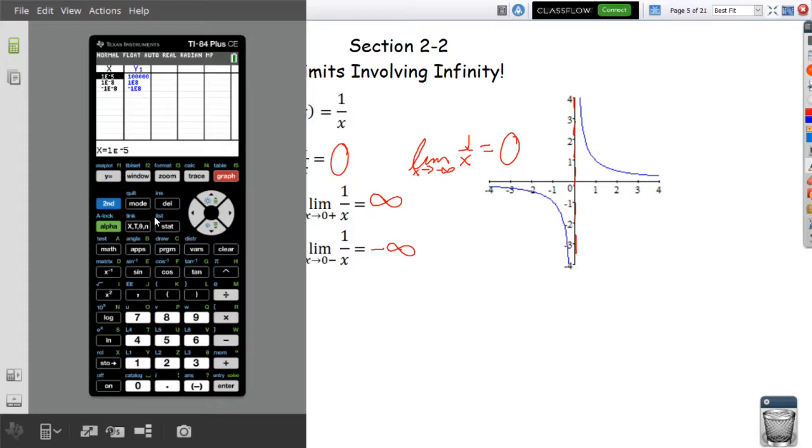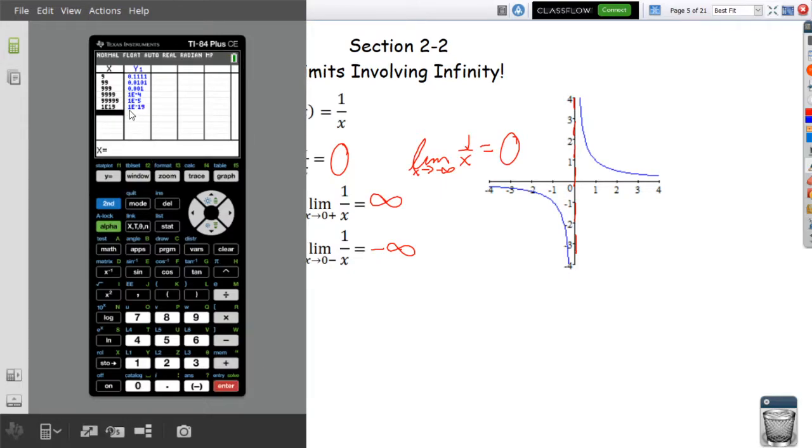Positive infinity, I could try 9, then 99, then 999, then 9,999. And see, as I add more 9s, making them really big, the output, the function value, gets closer and closer to 0 until I get ridiculously big.